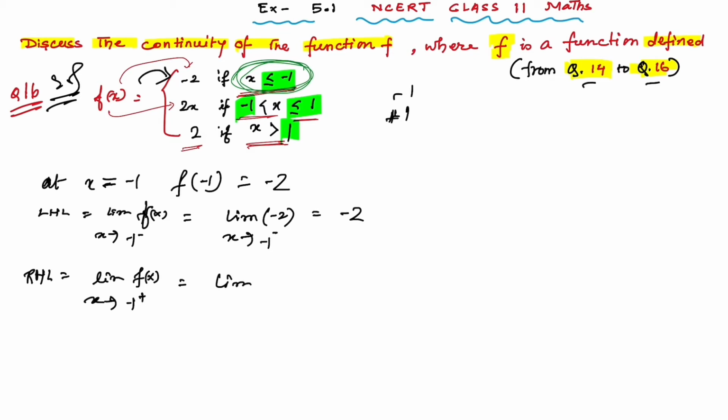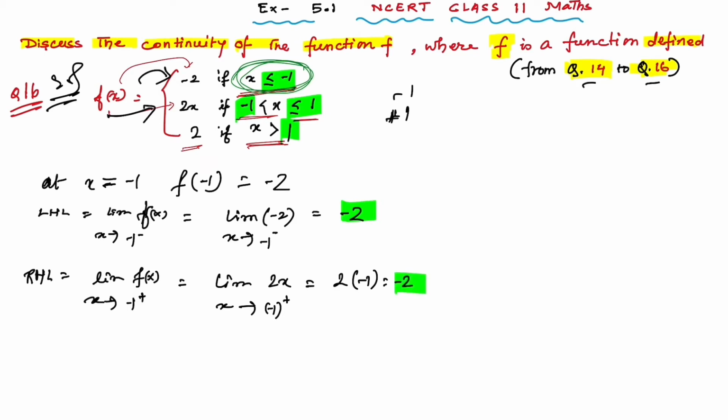So for x greater than minus 1, f of x is twice x, isn't it? So here it will be twice x, as x tends to minus 1 positive. If you replace x by minus 1, then you will get 2 into minus 1, which is equal to minus 2.